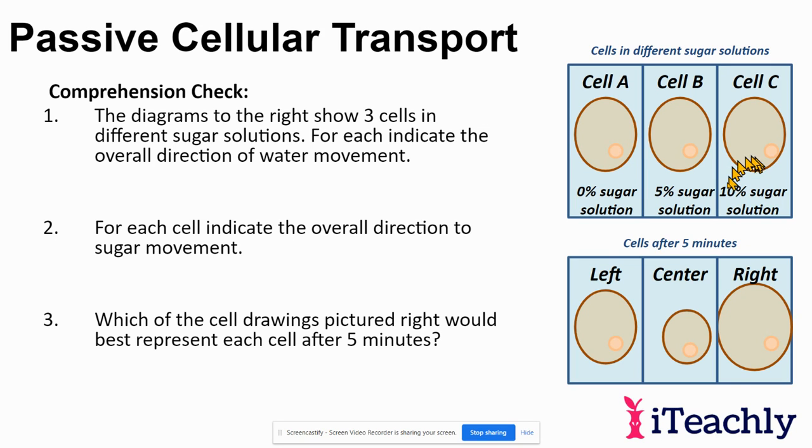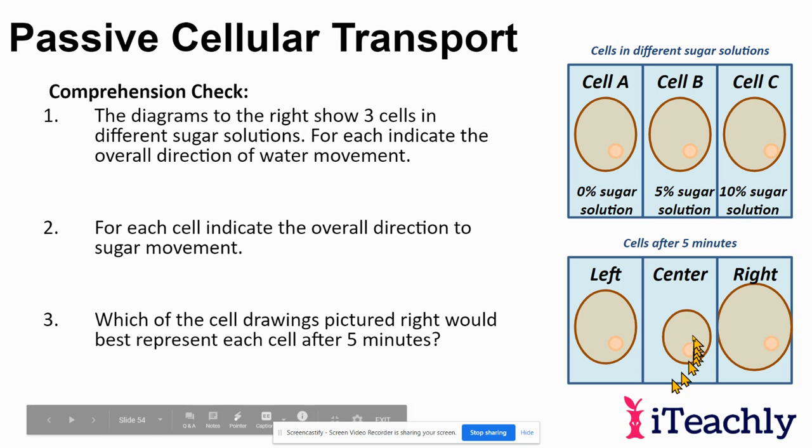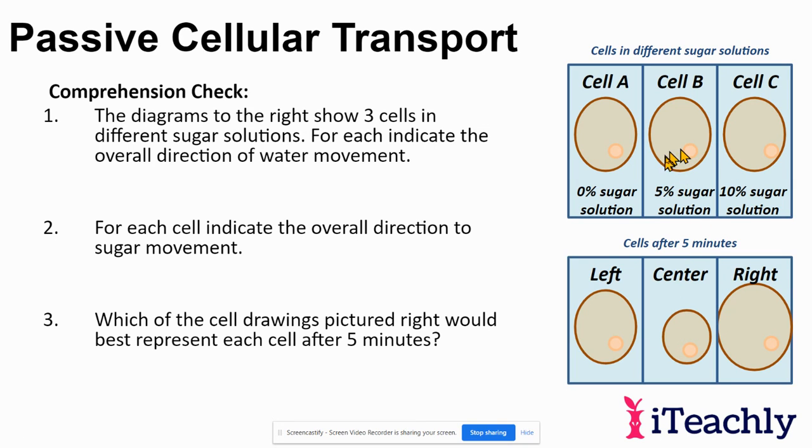This one has 10% sugar, the least amount of water, so water should move out and the cell should get smaller. Oh no, I'm sorry, this is 10%, so this one should look like this one. And then this one should be in the center.